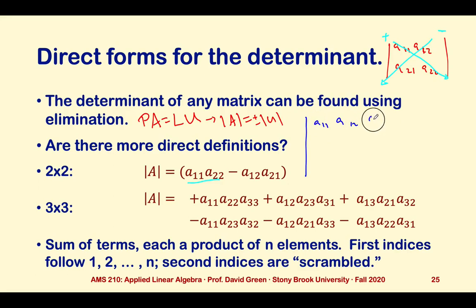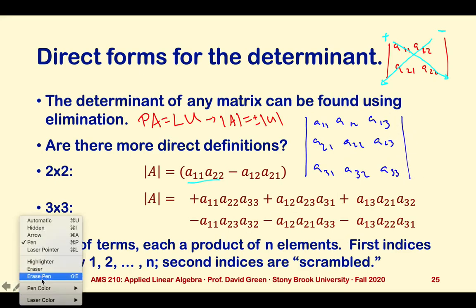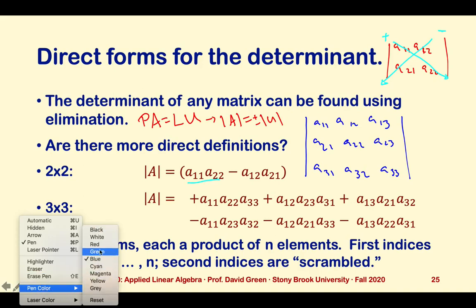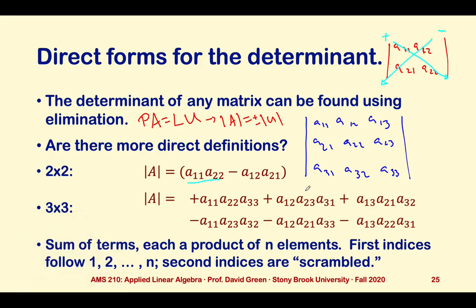A11, A12, A13, A21, A22, A23, A31, A32, A33. A mnemonic known as the rule of Sarrus lets us actually express this determinant as a similar sum of slices. The first entry is the product of these three diagonal entries.